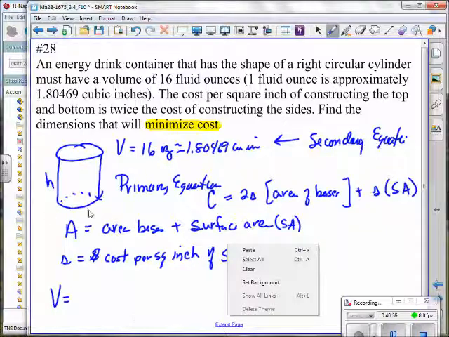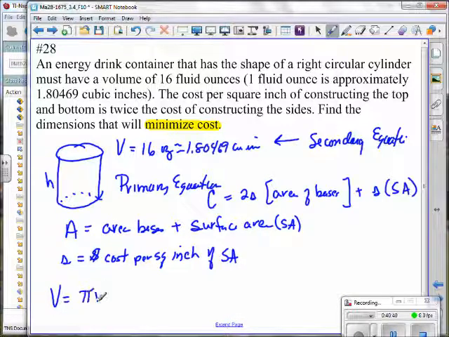Say it again, Laura. Pi squared. Some of that sounds familiar to me. Does it sound familiar to you? What part of it? Pi r squared?